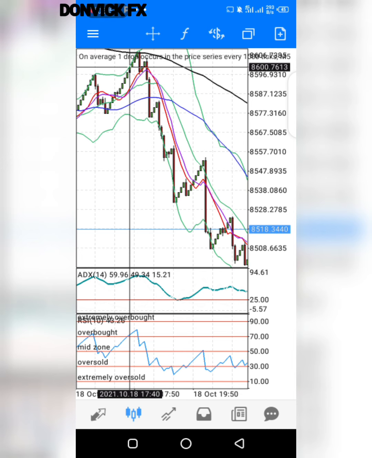Now, there's something we call a confirmation spike. That confirmation spike makes you understand if the market is going to keep on falling or it is just a pullback.